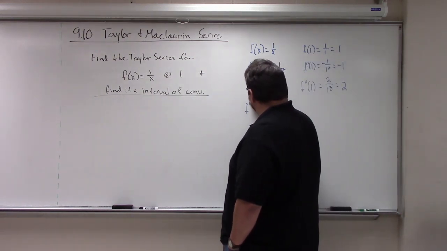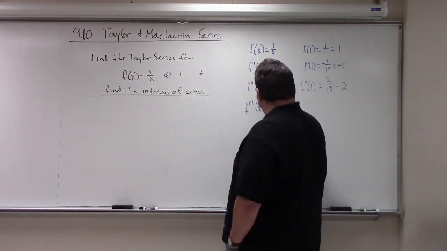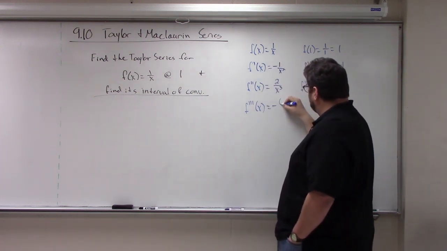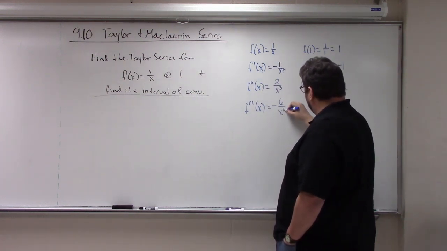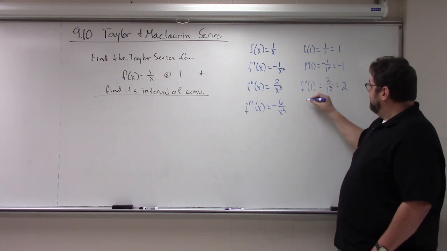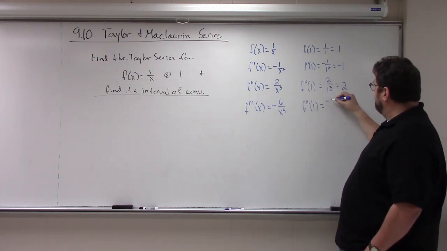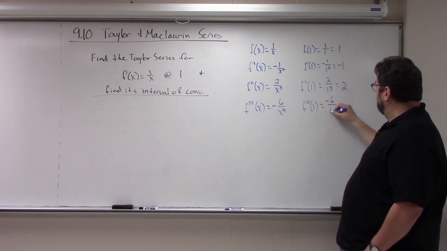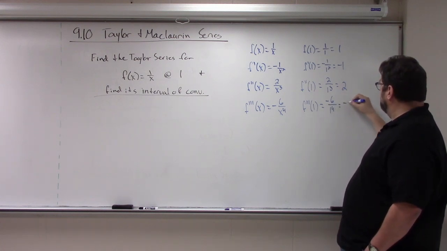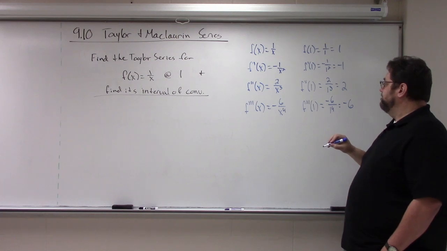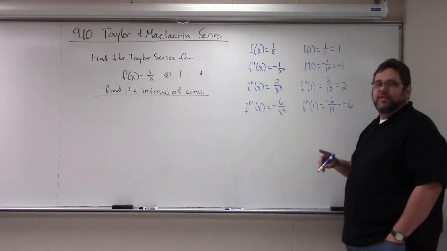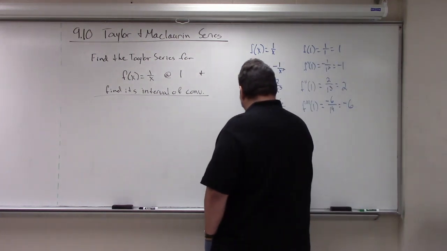Okay, I'm starting to see a little something. The third derivative is going to be negative 6 over x to the fourth. So f triple prime of 1 is going to be negative 6 over 1 to the fourth, which is negative 6. And one more, and I think I'll have it. I think I have an idea what's going on here.